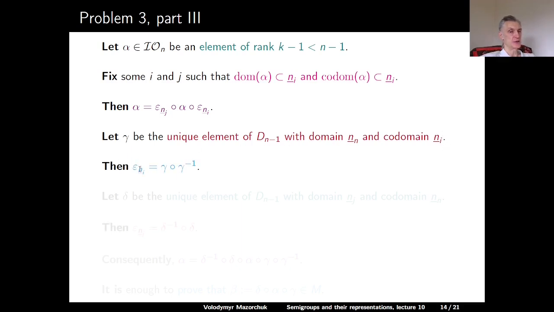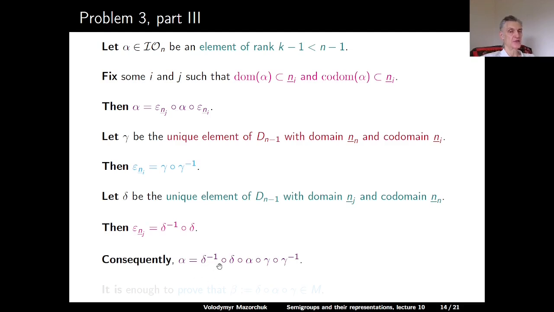Then epsilon with the index n-underlined sub i can be written as gamma after gamma inverse. Let delta be the unique element of D_{n-1} with domain n-underlined sub j and codomain n-underlined sub n. Then epsilon n-underlined sub j can be written as delta inverse after delta. And so we can now write alpha as delta inverse after delta after alpha after gamma after gamma inverse.